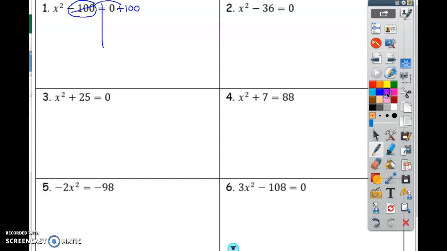So then I have x squared equals 100. What's the second step? Take the square root. Square root, square root. What's your answer? X equals plus or minus, what's the square root of 100?